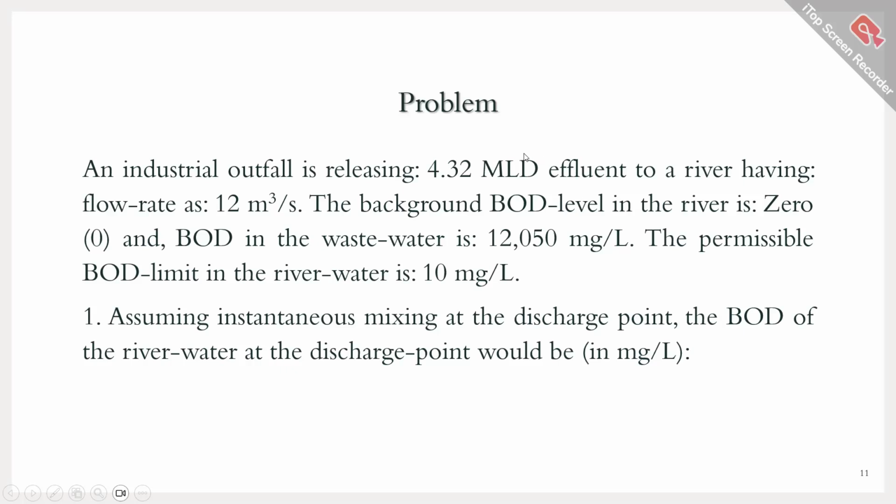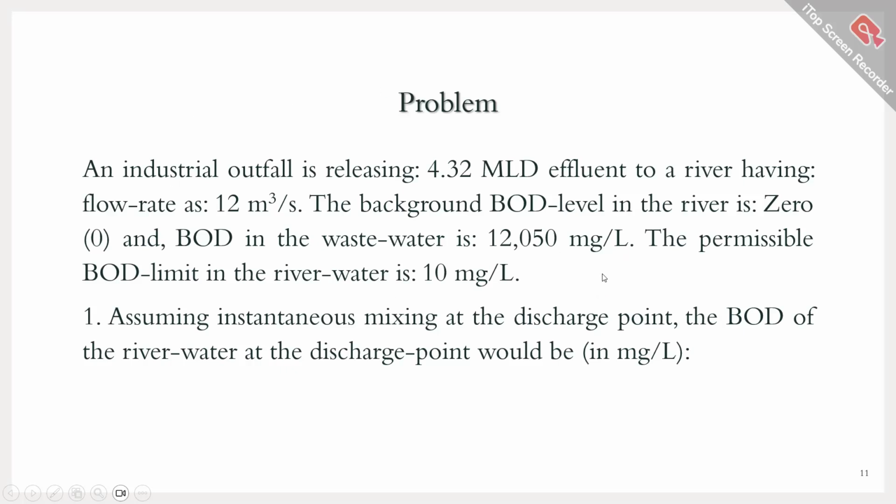It is just a mass balance. So 4.32 MLD that you have to convert into meter cube per second, or the meter cube per second you can convert into MLD, whichever you like. M means 10 to the power 6. I have already discussed earlier. So 12 into 0 plus 4.32 into 12,050 milligram per liter.